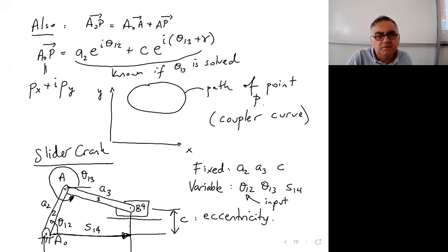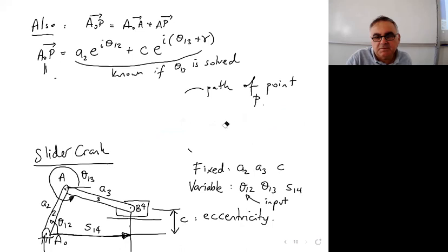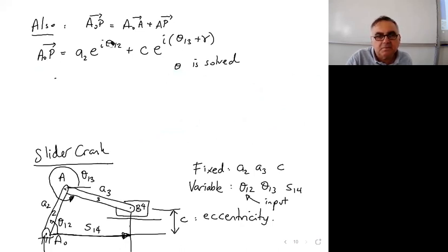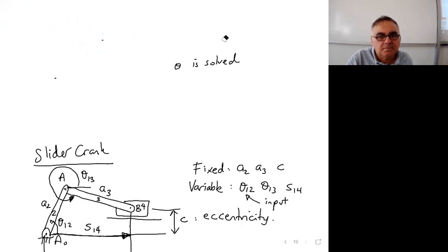Let's write it here. The loop equation is as follows. Let me draw the vectors first.